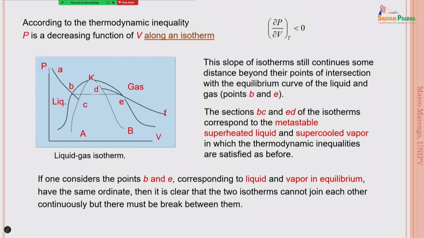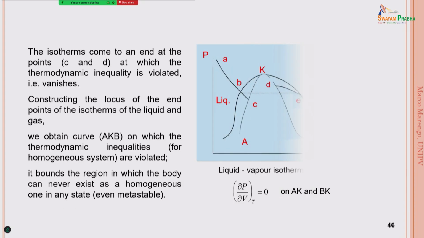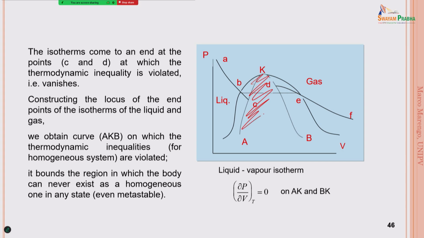In fact, the point is that we cannot go beyond C, and if we are going from F to E to D, we cannot go beyond D. So this means that this region here is not reachable.